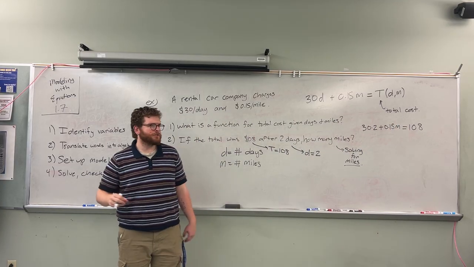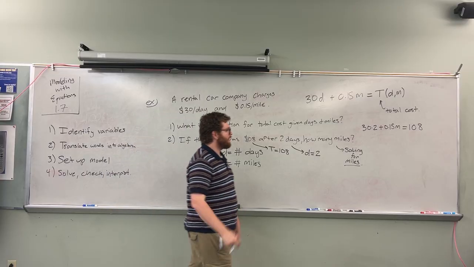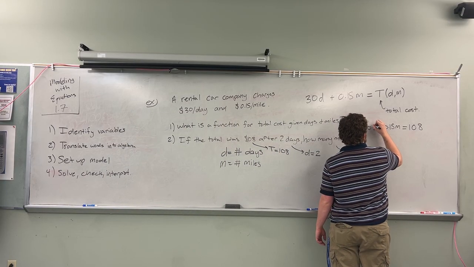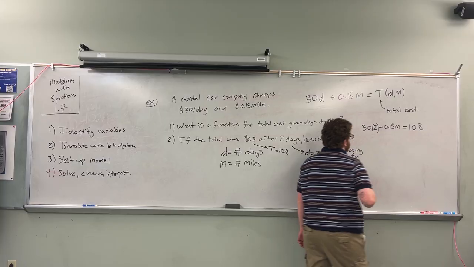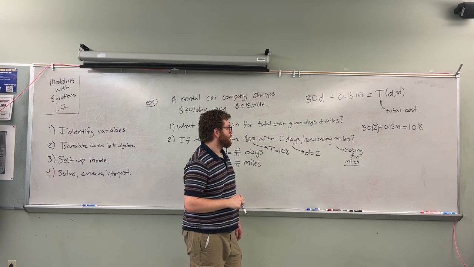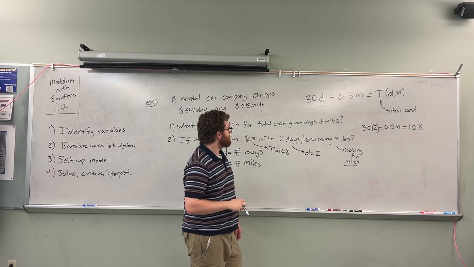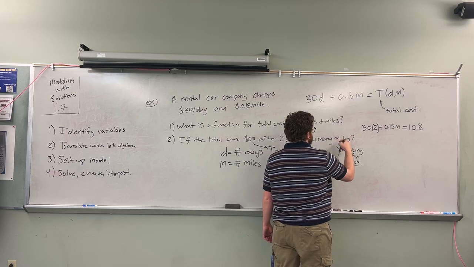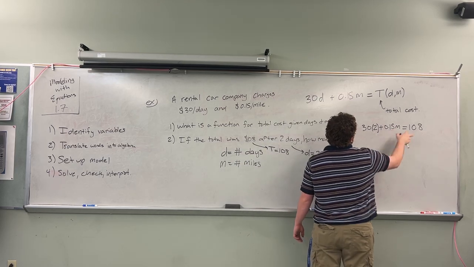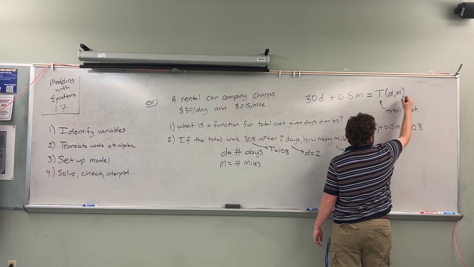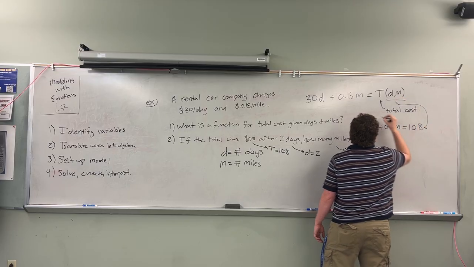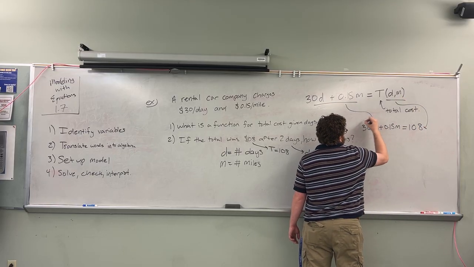Pretty straightforward so far. It's just nice to break everything apart. I'm going to put this 2 in parentheses so it doesn't look like the number 302. This side is the 108, and this side corresponds to this.